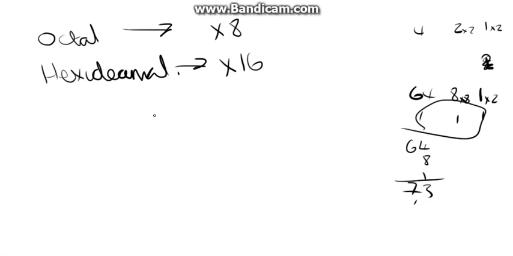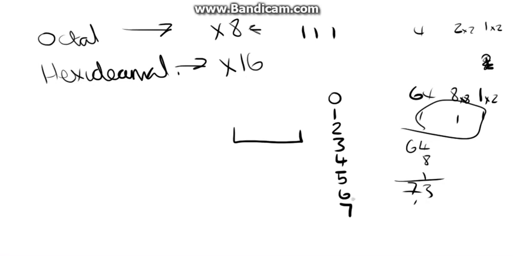So let's quickly look at octal. 111. Right, we want to represent this in binary. Each one of these needs to represent up to 8 digits, which is 0, 1, 2, 3, 4, 5, 6, 7.